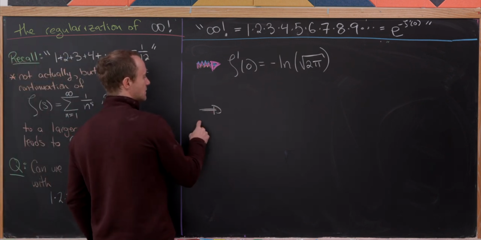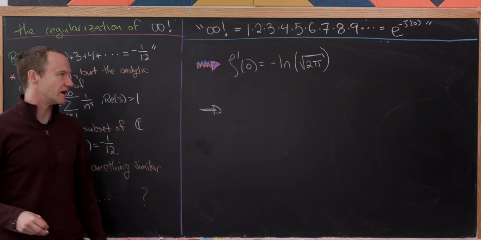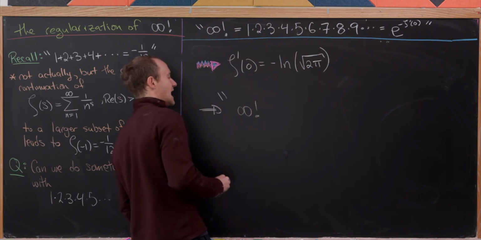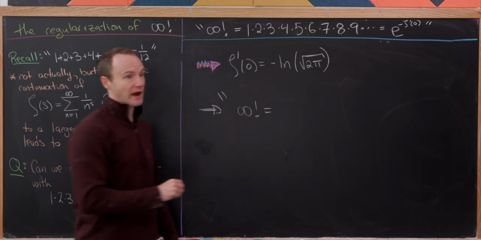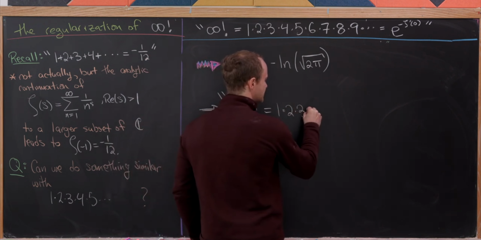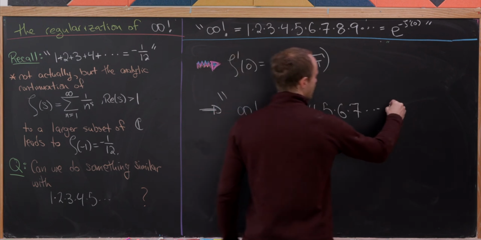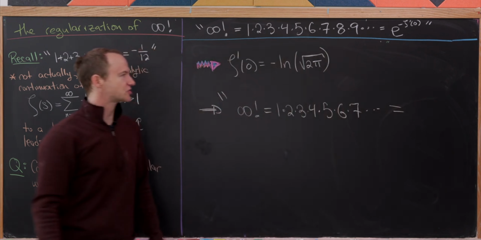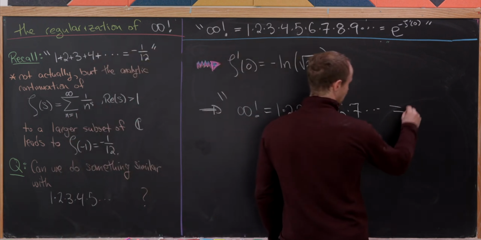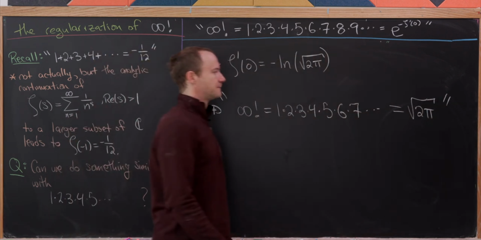Well, from there, we can plug that, maybe I should say naively, plug that into the equation that we have above, and we'll have our infinity factorial, this is in heavy quotes because it's really a regularization of this, is equal to 1 times 2 times 3 times 4 times 5 times 6 times 7, continued on and on and on, which is the exponential of the negative of this. But the minus signs are going to cancel. The natural log and the e will cancel, and we'll be left with the square root of 2 times pi. And there you have it.